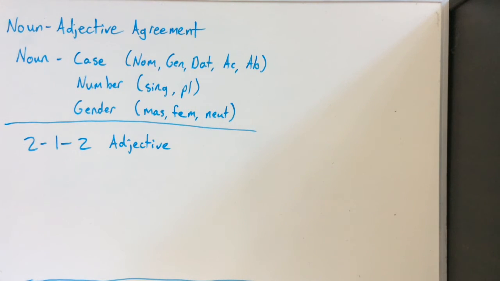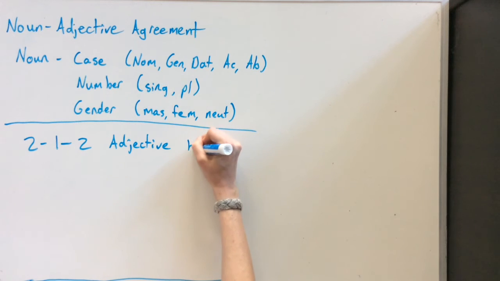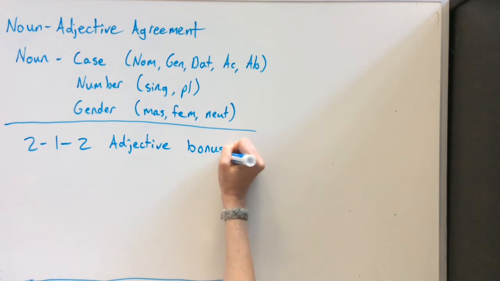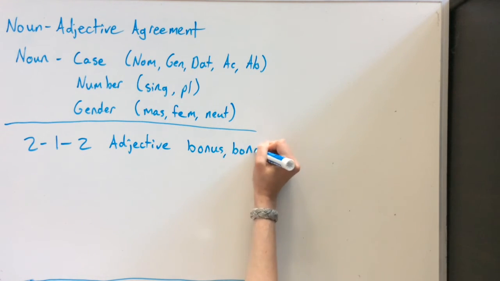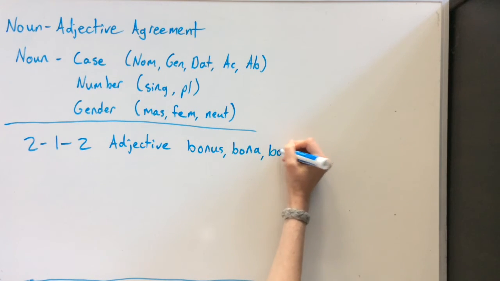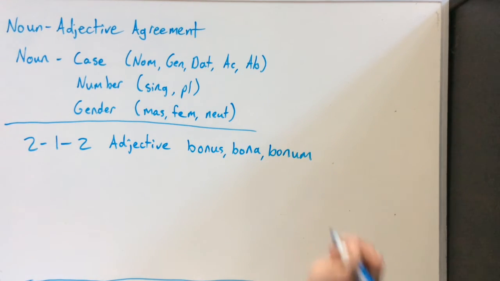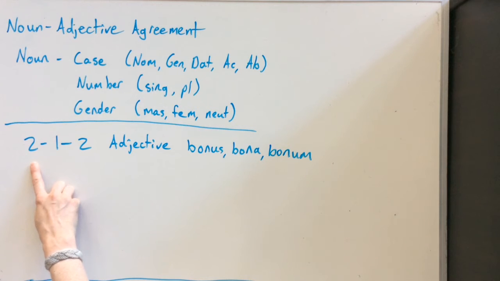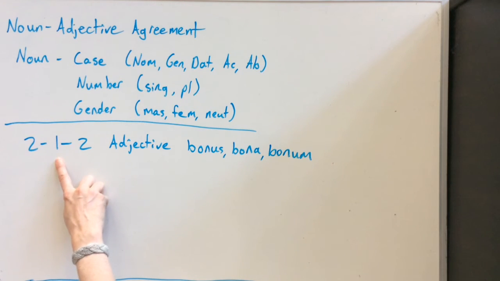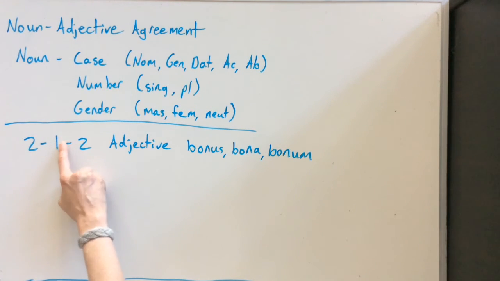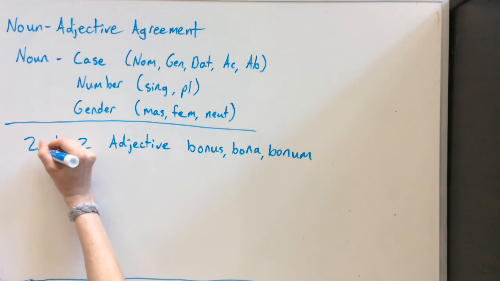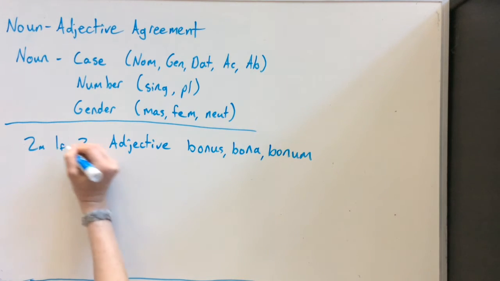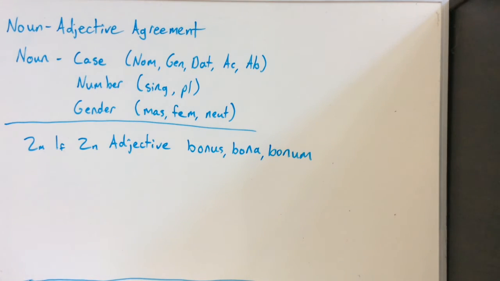A 2-1-2 adjective, for example, bonus, bona, bonum, which means good, gets its name because it uses second declension masculine endings to agree with masculine nouns, first declension feminine endings to agree with feminine nouns, and second declension neuter endings to agree with neuter nouns.